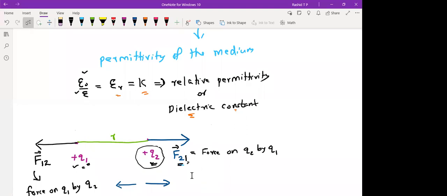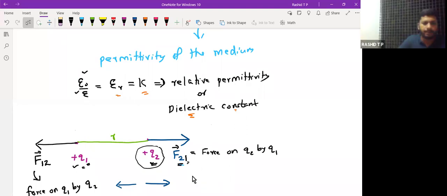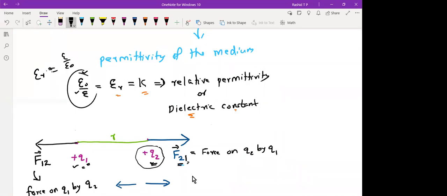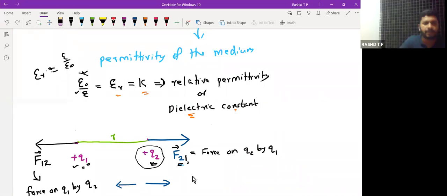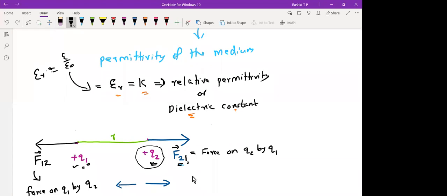Epsilon by epsilon naught, sir. Yeah. Okay. Here I have written permittivity Yes. of the medium is yes, epsilon r is equal to epsilon by epsilon 0. Yes, sir. Yes. Yes. Actually, I'm sorry. Thank you for the. Okay, sir. It's okay, sir. Yeah. Okay, please this one. Fine.